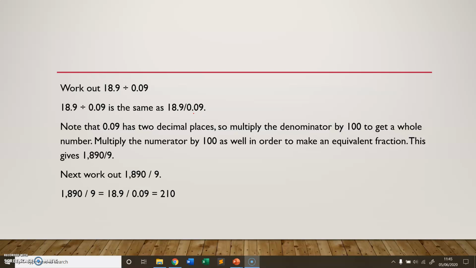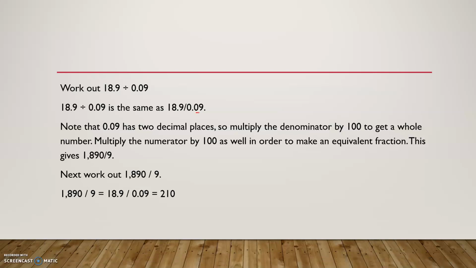Now here we've got decimal places. So you go tenths and then you go hundredths place. To get rid of the decimal places, we can multiply the denominator and numerator by 100.